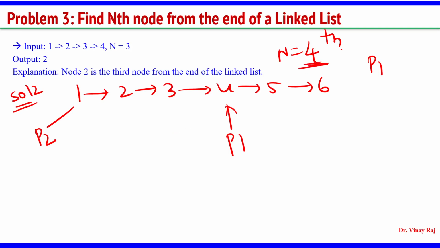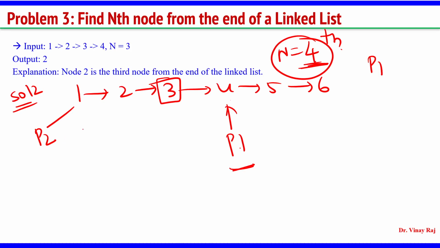Given n, you don't calculate the length and subtract, don't do that. In a single iteration, move the P1 pointer n times, which means 4 times. So P1 will come here, P2 will be here only. Now, until P1 reaches the last node, keep moving them forward. In this problem, the fourth node from the end means the answer should be 3.